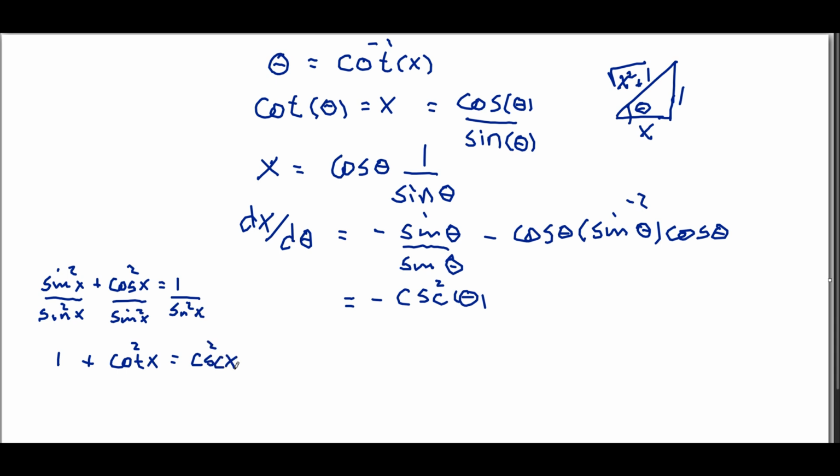And because everything's negative up here, it's the minus cosecant squared. So, what is the cosecant squared? We got minus 1 over the sine squared theta.